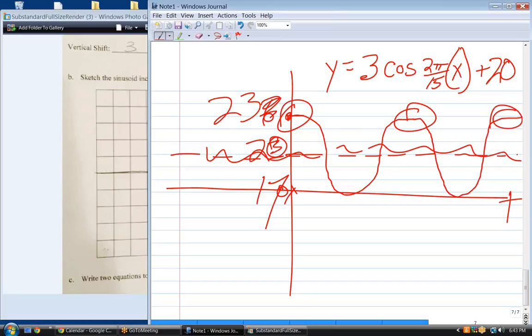Now I have 3 peaks, so I have 2 full periods. And this is 15 seconds, so this has to be 30 seconds. 15 seconds between peak to peak of the waves.